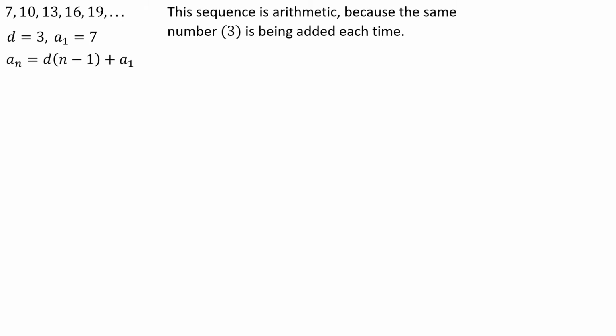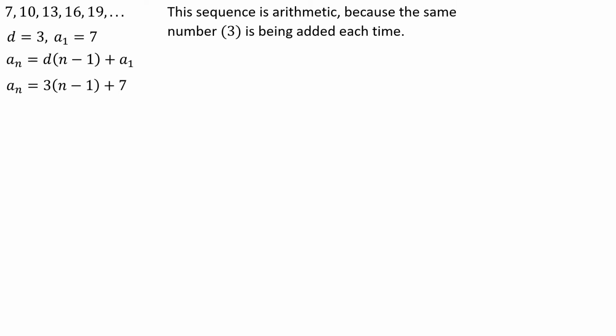Every single time I'm going to write down this equation: the nth term equals the common difference times n minus 1 plus a sub 1. Now I can plug in d and a1, and there's an equation for the nth term.